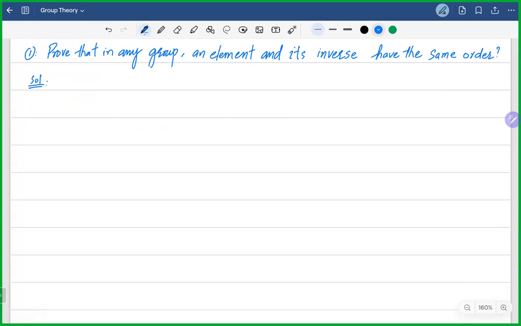The solution will be, suppose that the order of an element a is equal to some n, and the order of its inverse is equal to some k.